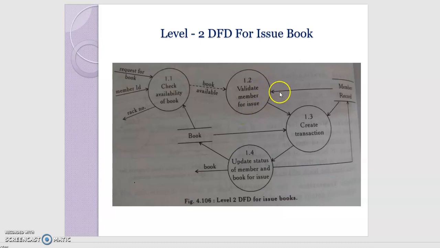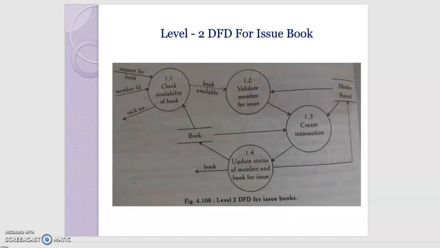Then this process is connected to the member record data store. If that happens, then it has the create transaction option. If the book is booked, then it will create the transaction and update the book. Then the book is given to the student.